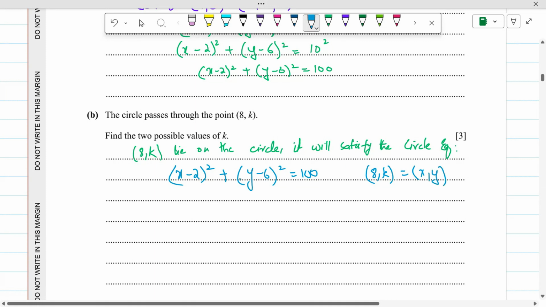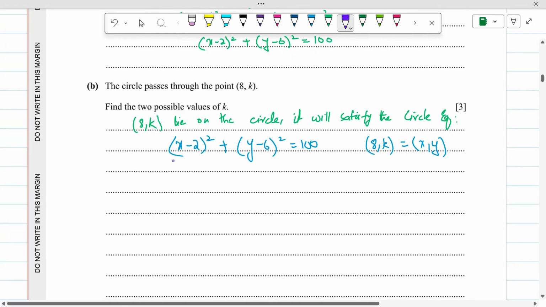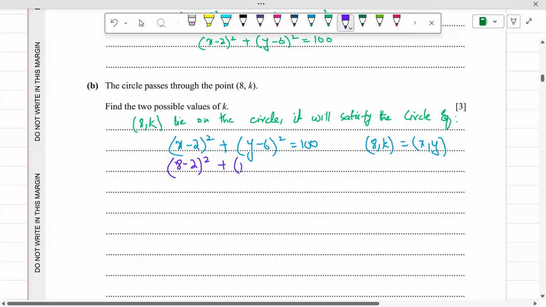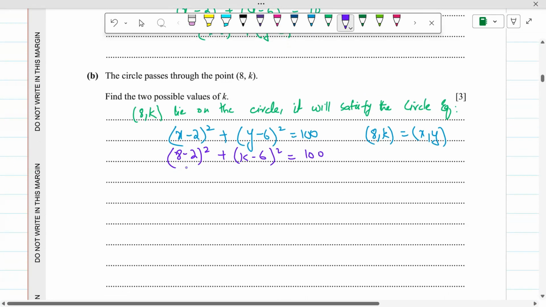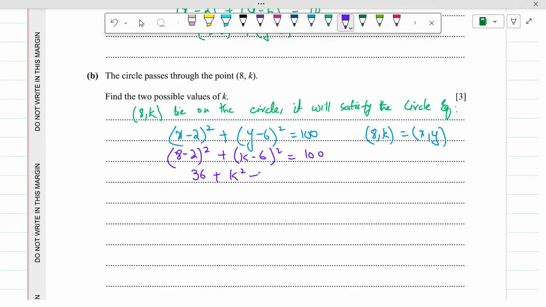So plugging in these values, because this point satisfies the equation: (8 − 2)² + (k − 6)² = 100. So 8 minus 2 means 6, and 6 squared is 36, plus (k − 6)², which is k² − 12k + 36, equals 100.